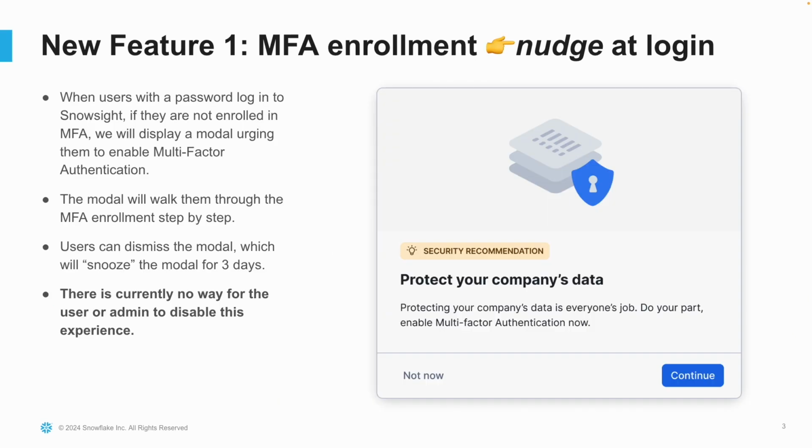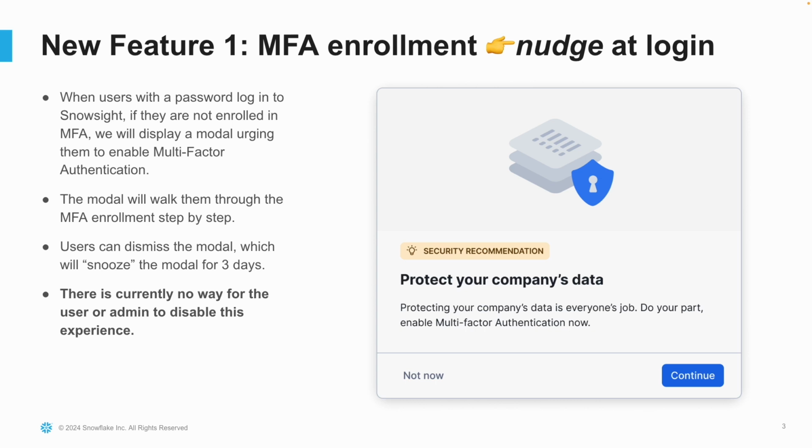A new rule when you log into your Snowflake account is through MFA enrollment. So we are creating a nudge to make sure that users are protecting their data securely through multi-factor authentication. And so you can use our MFA through Duo, or if you want to use your own identity provider's MFA service, you can do so as well.